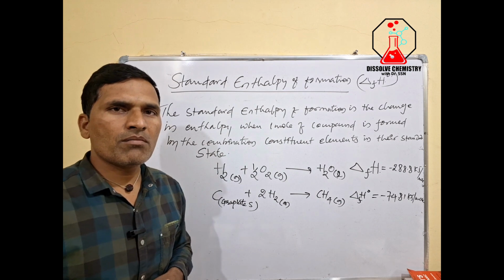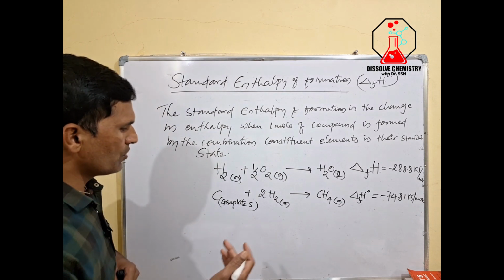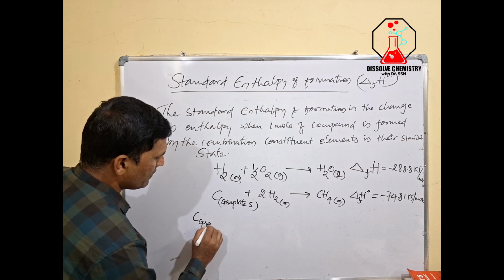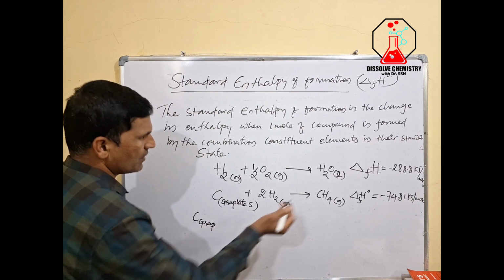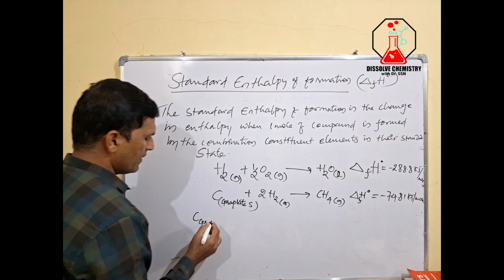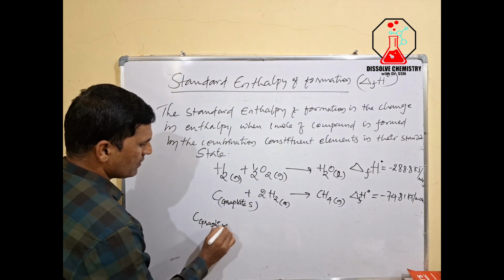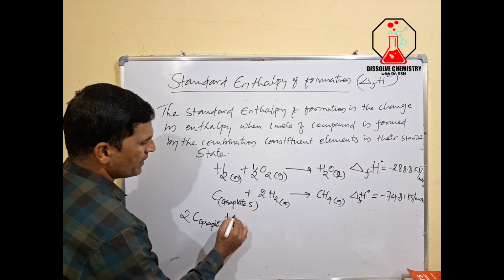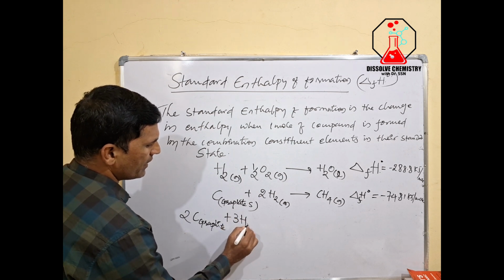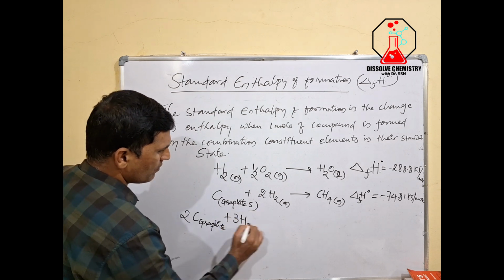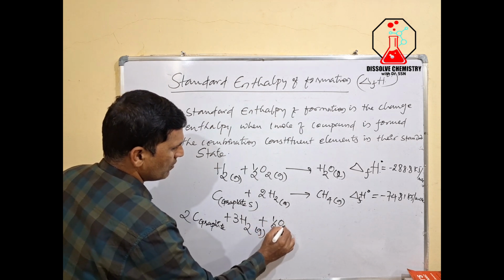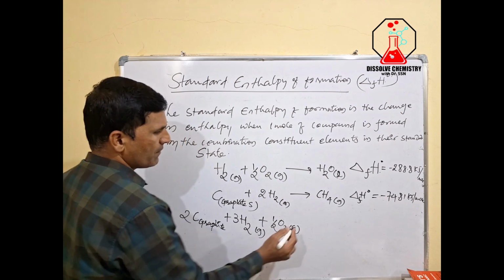Similarly, if you want to form ethanol, what do you have to take? Say, for example, carbon graphite in standard state, 2 moles I have to take, plus here how many hydrogens do we need? 6 hydrogen atoms will be there in the ethanol molecule. So therefore 3 moles of hydrogen gas plus half mole of O2 gas we have to take.